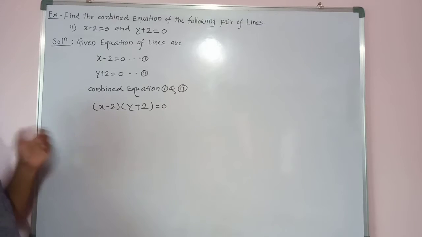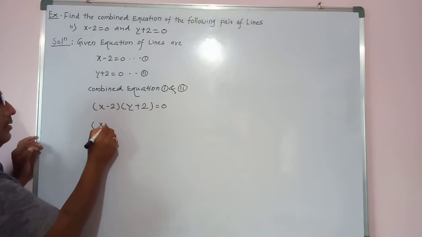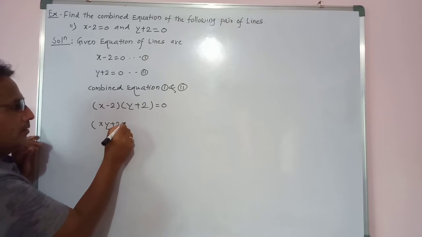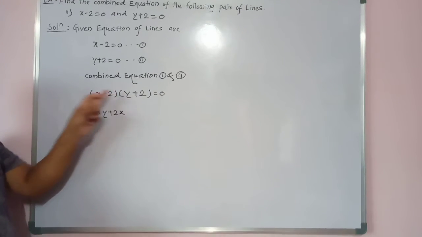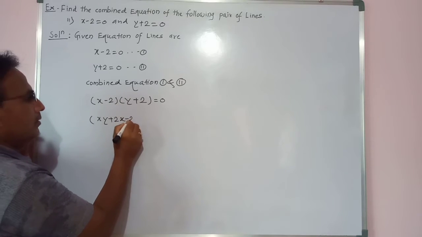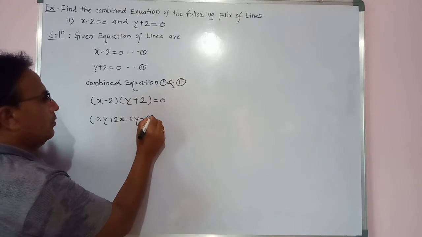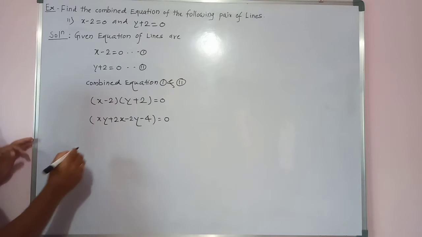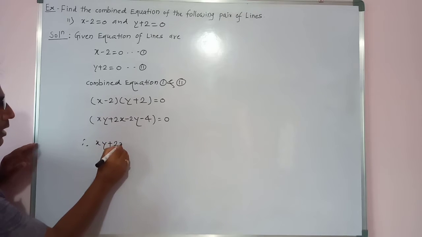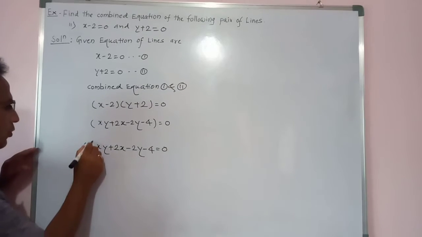Therefore, we multiply x into y, xy. X into 2 is 2x and minus 2 into y, minus 2y, and minus 2 into 2 is minus 4 equal to 0. Therefore xy plus 2x minus 2y minus 4 equal to 0.